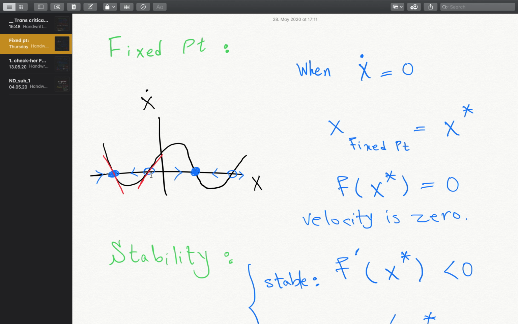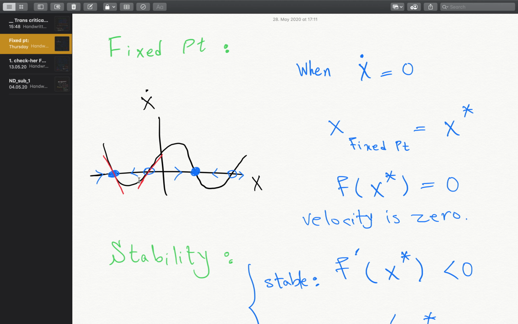However, on the other hand, if you have an unstable fixed point, like this one, where the slope is positive, which means f prime is positive, then you can see that if you have a point like here, in the origin, x dot is positive. Therefore, x is increasing. You can follow this arrow. Therefore, it repels from this fixed point.